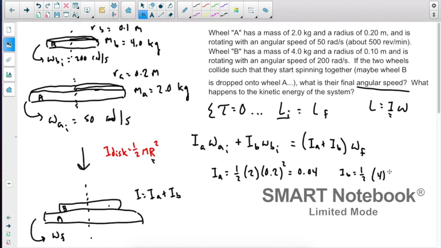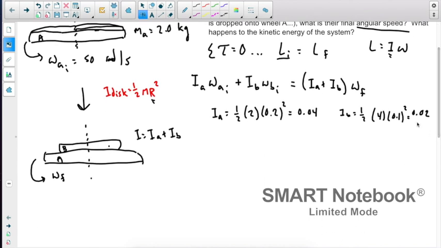Its mass is 4, its radius is 0.1 squared. It looks like it has a rotational inertia of 0.02. Remember the units for this are kilogram meters squared. All right, so now I think I am good to go to actually start solving this.